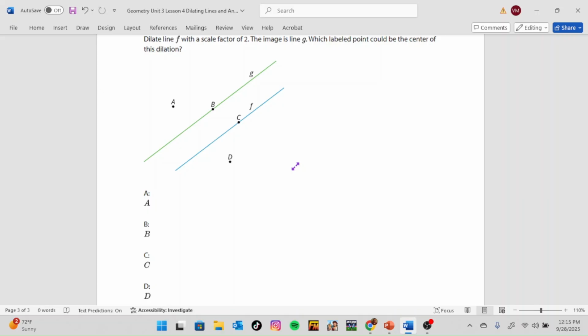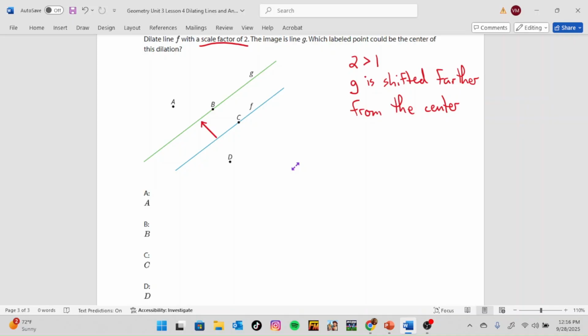So the first thing we need to understand is that 2 is greater than 1. Because of this, G is shifted farther from the center, which means we must be traveling in this direction.